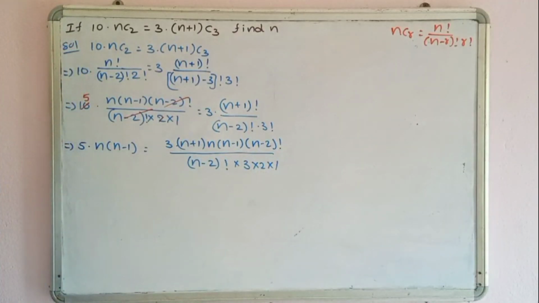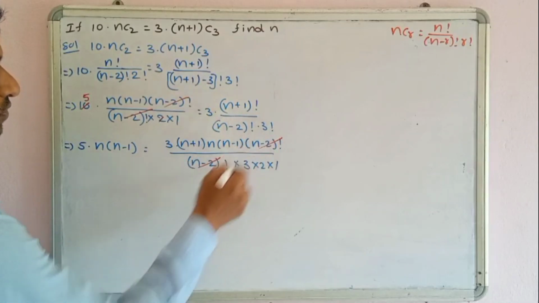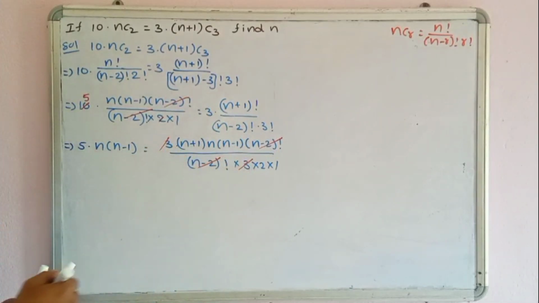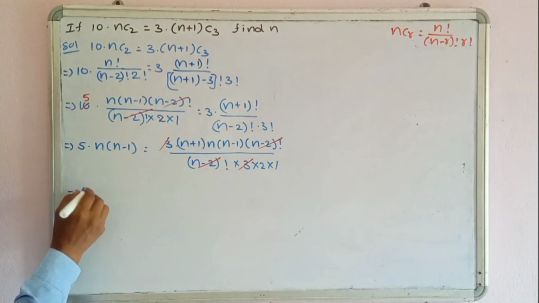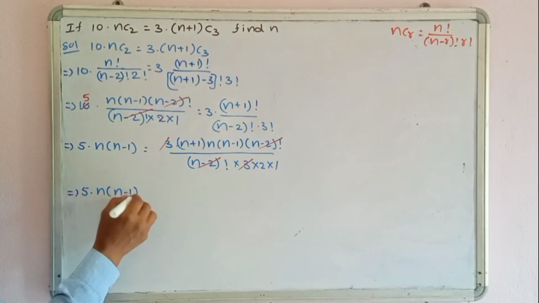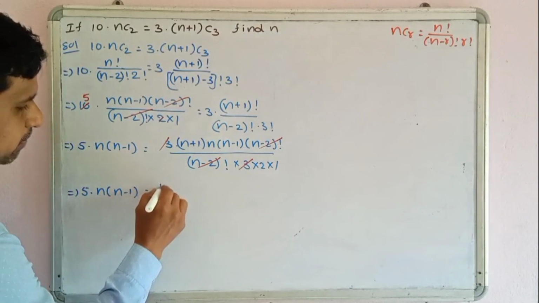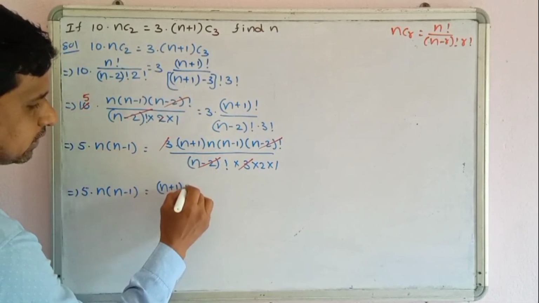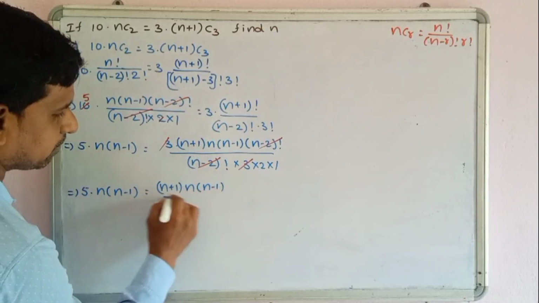Okay, now observe that n minus 2 factorial, n minus 2 factorial get cancelled, 3 get cancelled. So remaining 5 into n minus 1 equals n plus 1 into n minus 1 by 2.